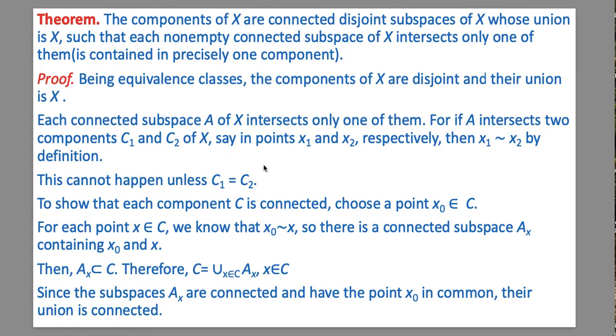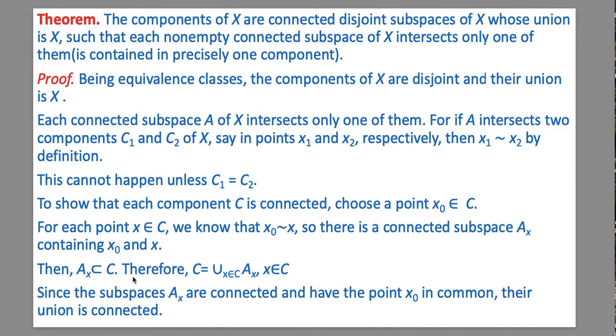Now we need to show that each component C is connected. To prove this, suppose we select a point x0 belonging to C. For each point x belonging to C, we know that x0 is equivalent to x. So there is a connected subspace Ax containing both x0 and x.